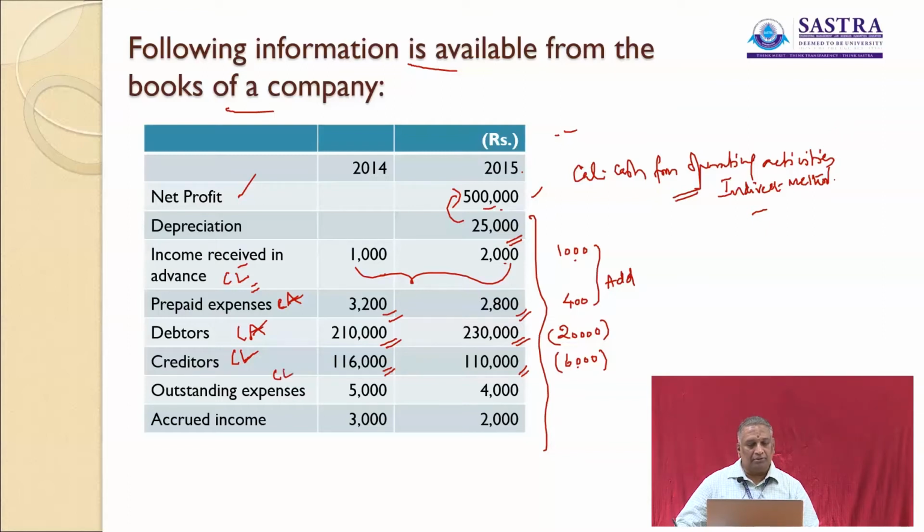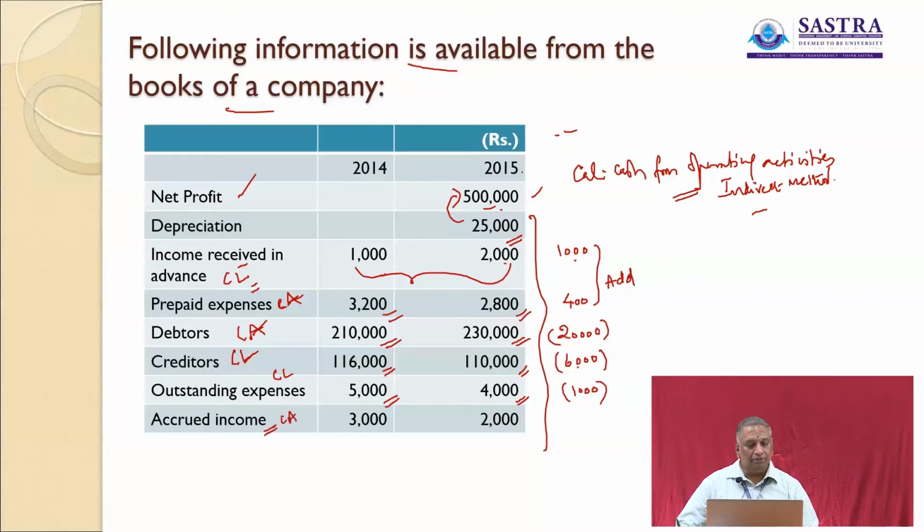So similarly, outstanding expenses being current liability has decreased. Your outstandings have decreased from 5,000 to 4,000. It means we have made some payment. So you'll have less cash. 1,000 rupees less cash.